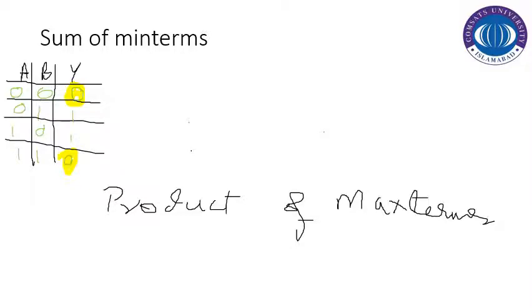Now the first max term that is being extracted from this table is A or B, and from this table the term that is being extracted is A prime or B prime.